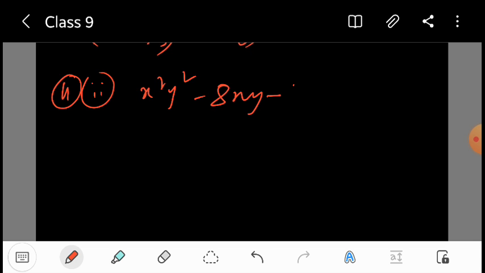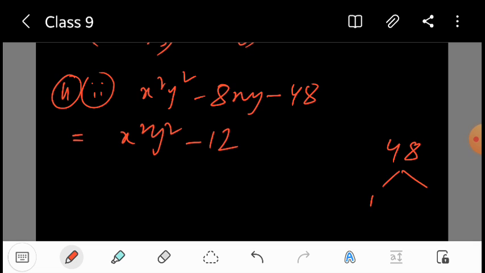Now I'm going to solve this one, the same similar problem. This is question number 11(2), that is x square y square minus 8xy minus 48. So x square y square minus, we can break this one, right? 48 we can break like 12 and 4.